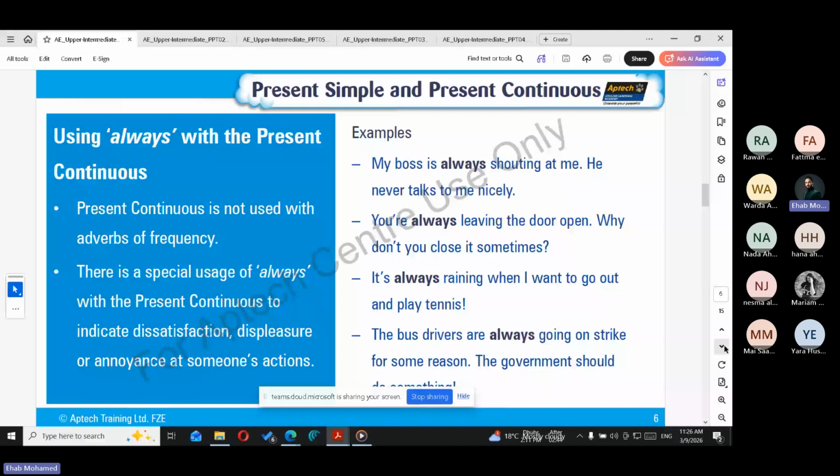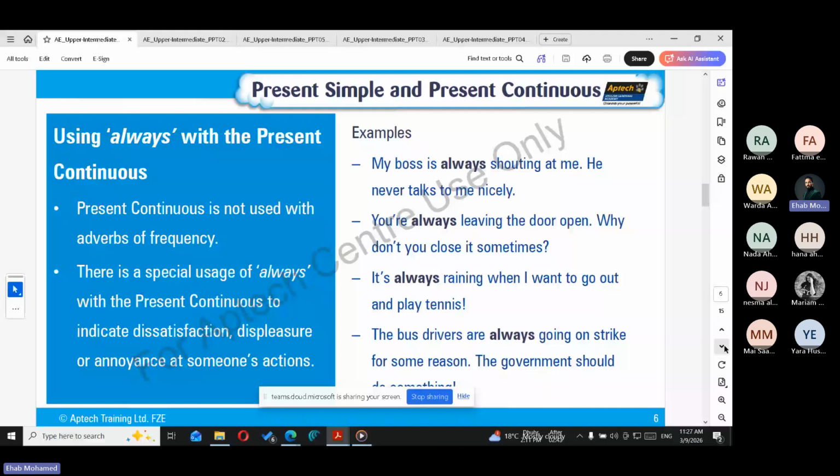Sentence stress, word stress. لما تيجي في حاجة اسمها intonation. يعني إيه intonation؟ يعني في كلمات في السنتنس دي مهمة بيسموها content words. مثلا my boss is always shouting at me. يبقى كلمة always هي القوية. You're always leaving the door open.